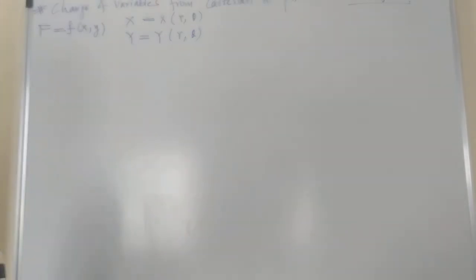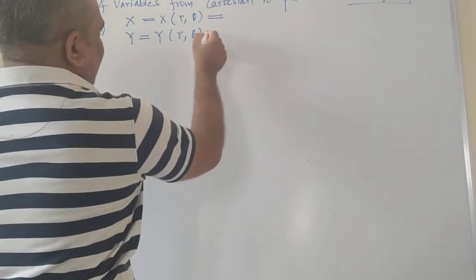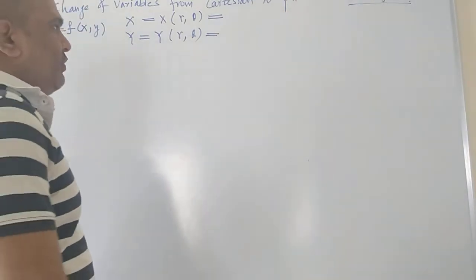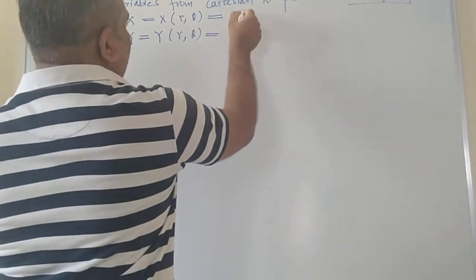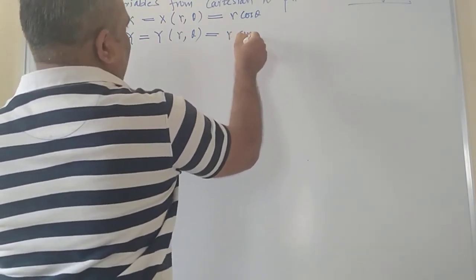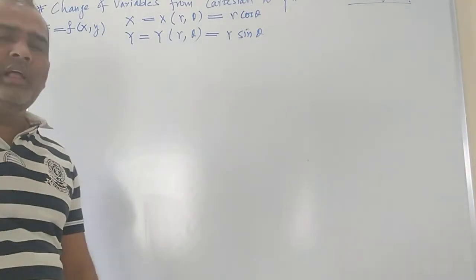That means x is a function of r and theta, y is a function of r and theta. And what are the values of this x and y? The values of x and y you have already studied in the first chapter. So the value of x is equals to r cos theta and y is equals to r sin theta. This is well known to you, isn't it?